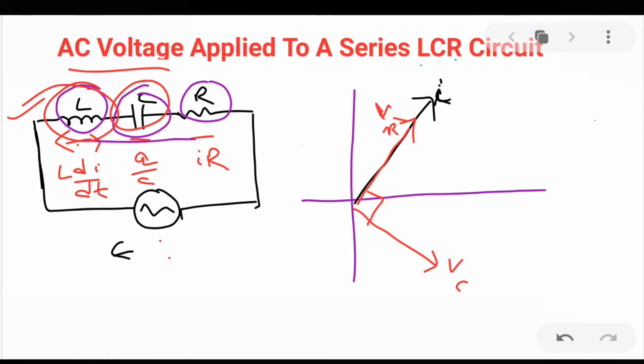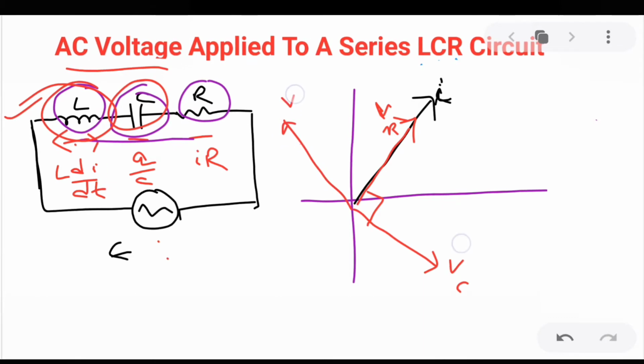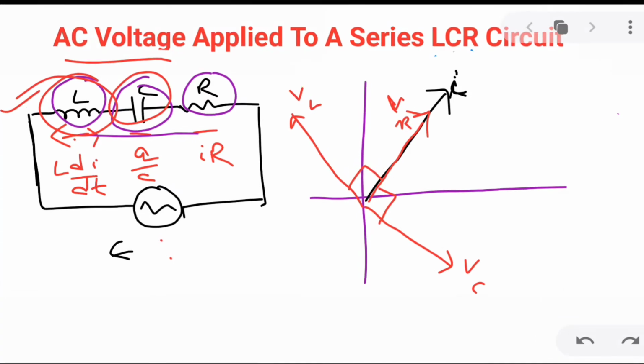For an inductor, voltage is ahead of current by phase angle of 90 degrees. So voltage ahead means in this direction. This is the voltage drop across the inductor, and this angle is 90 degrees. Now see, this VL and VC are along the same line, but they are in opposite directions.